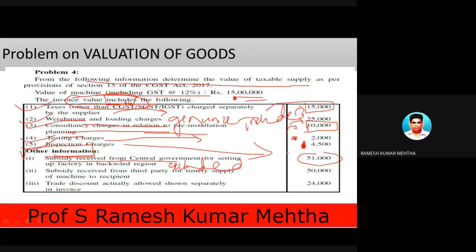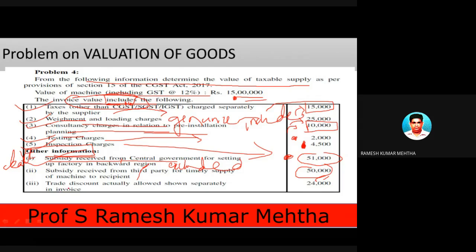Let's see what's the answer. Subsidy received from a third party. If a third party is giving a subsidy, it should be included, and this is other information, meaning it has not been taken into account, so this should be included, because it has not been dealt with.